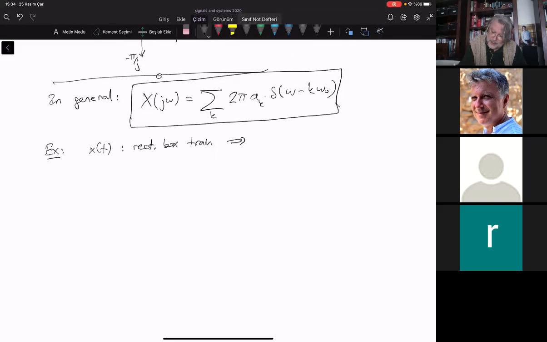We have already developed an answer for that. We say that ak is equal to sine k omega 0 T1 divided by pi k. This was an example.